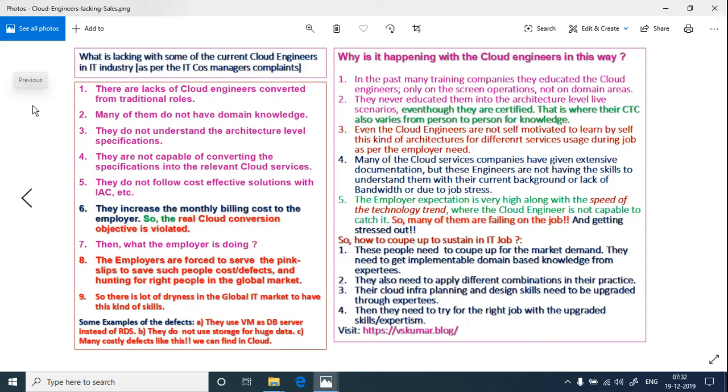Everybody working in cloud roles is well aware of VPC, ELB, autoscaling, RDS, CloudWatch, Route 53, all these major services. But to prepare the end-to-end setup in a sequential order, they don't understand the sequential tasks. One needs to guide them in the project.